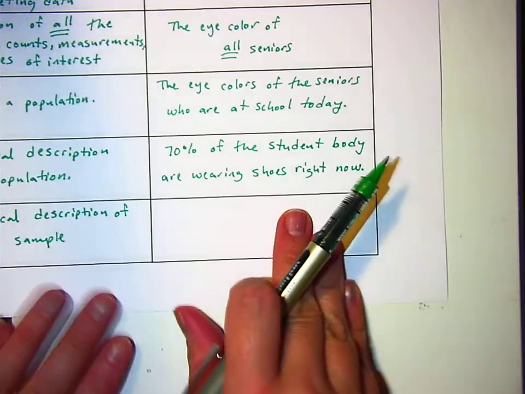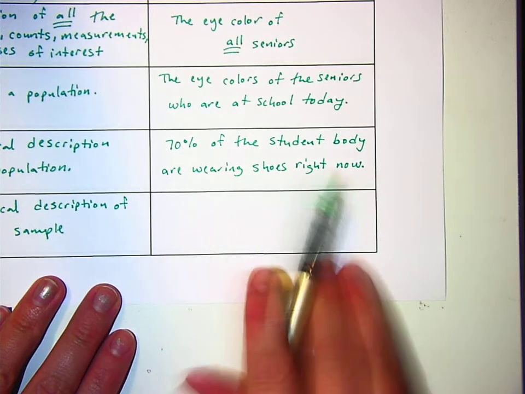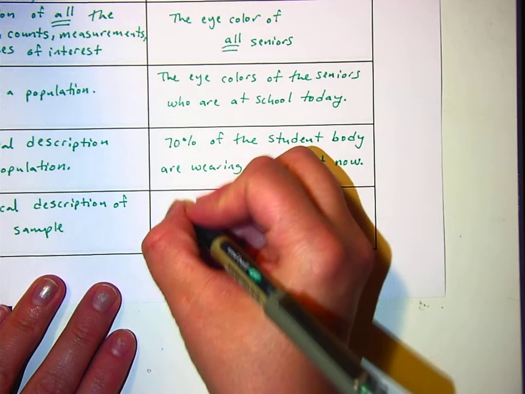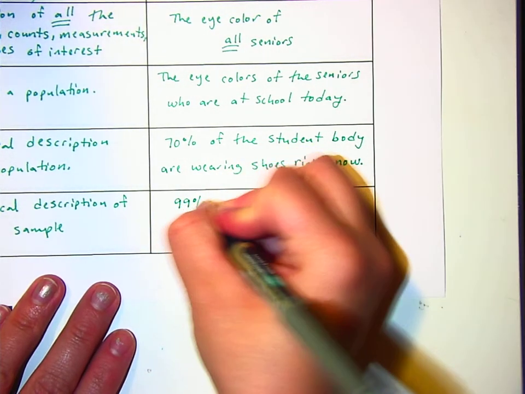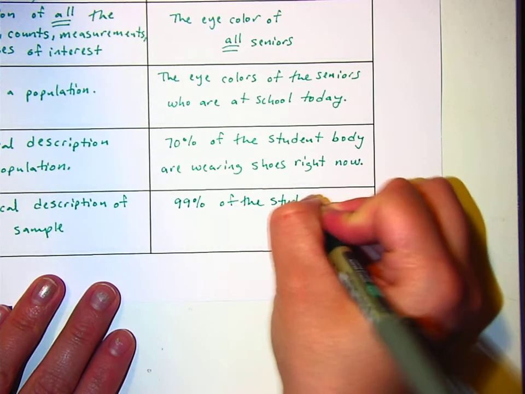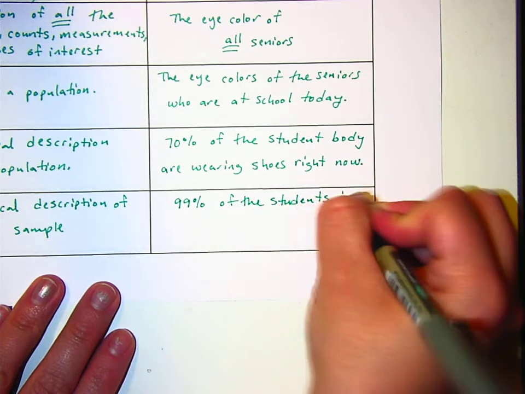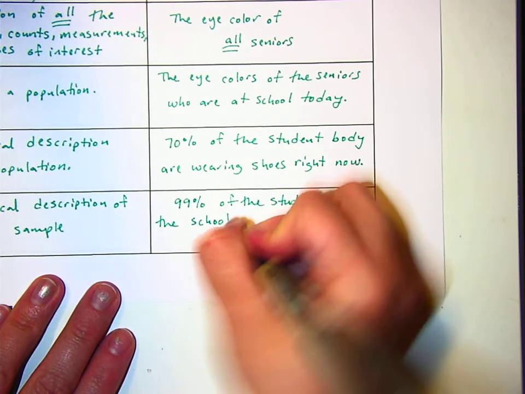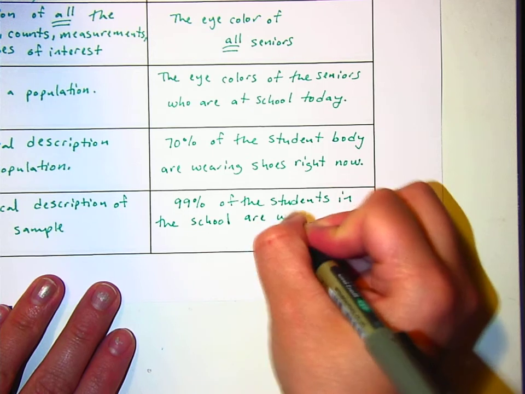So if I said 70% of the student body are wearing shoes right now, this is my description of my population. I could say, yeah, but 99% of the students that are in the school right now are wearing shoes.